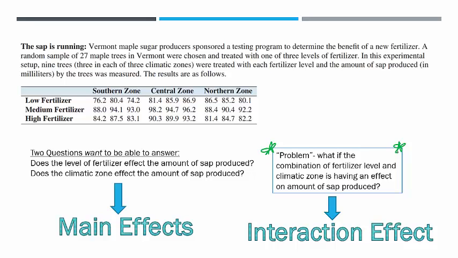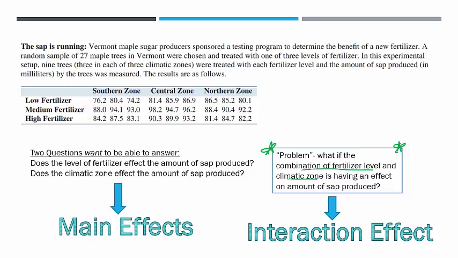But when we do that, we may limit ourselves from separating the factors because of what's referred to as an interaction effect. It's this question of what if the combination of fertilizer level and climate zone are affecting one another?